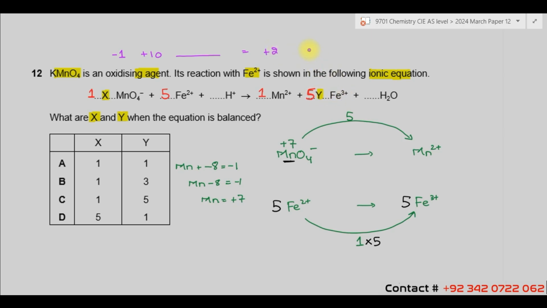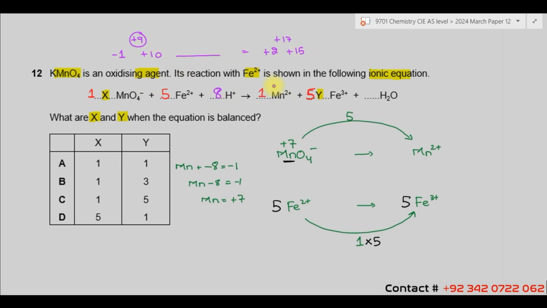There are 5 moles of iron 3 plus, so it is +15, and water is neutral. So in total, we have +17 on the product side. +10 -1 becomes +9. So we need to make this +17 to make them equal. In order to make them 17, we have to add 8. So we can add 8 moles of H plus.